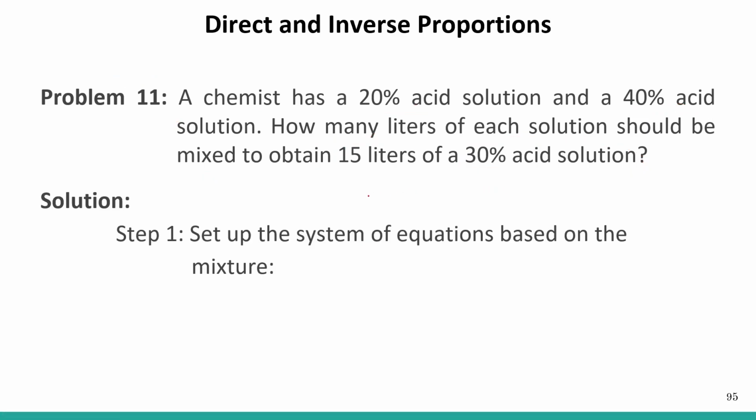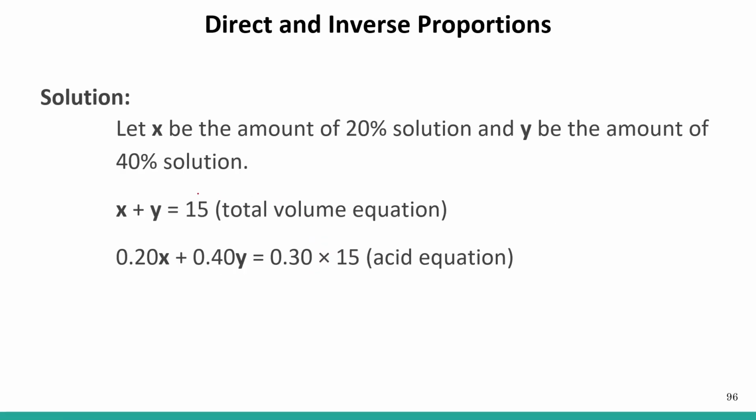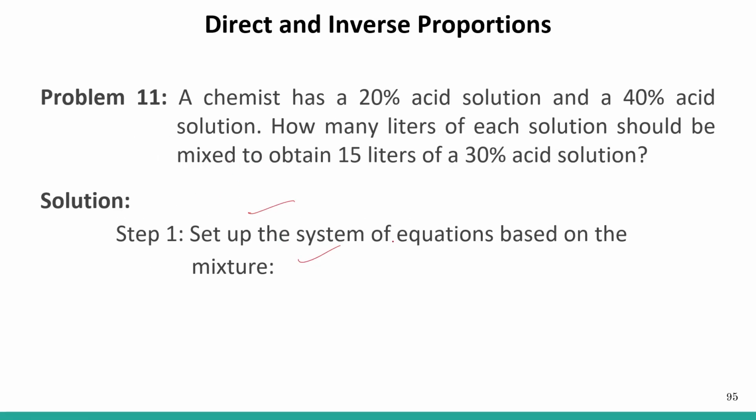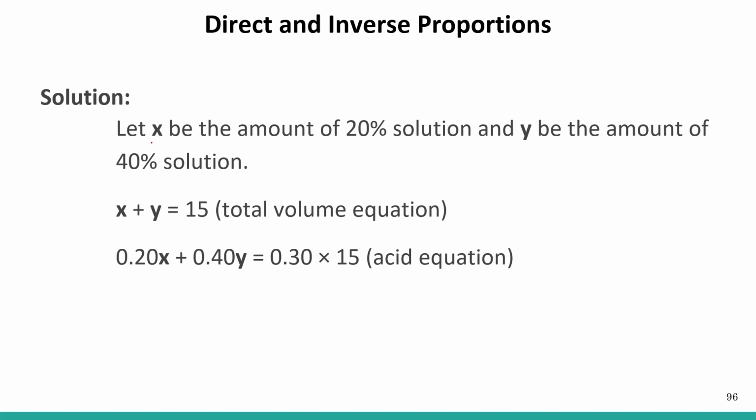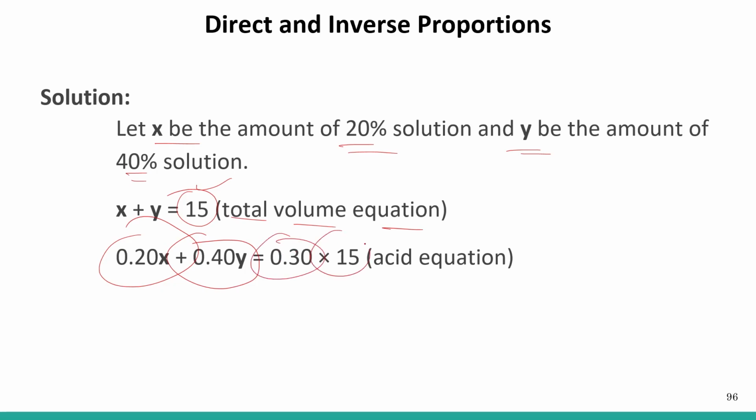So setting up the system of equations based on the mixture, we need to assume something. Let X be the amount of 20% solution and Y be the amount of 40% solution, adding up to 15, which is the final amount of solution. So that is the total volume equation, right? Then 0.20x plus 0.40y is equal to 0.30 into 15.